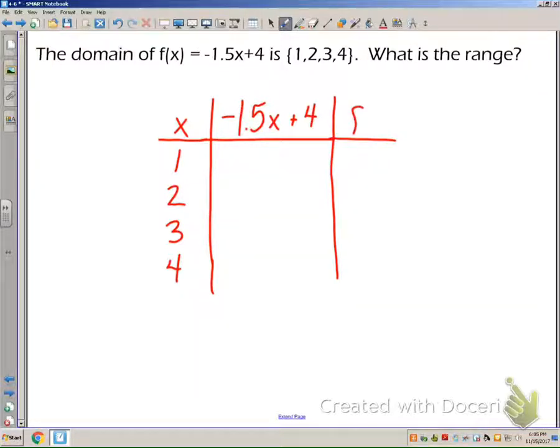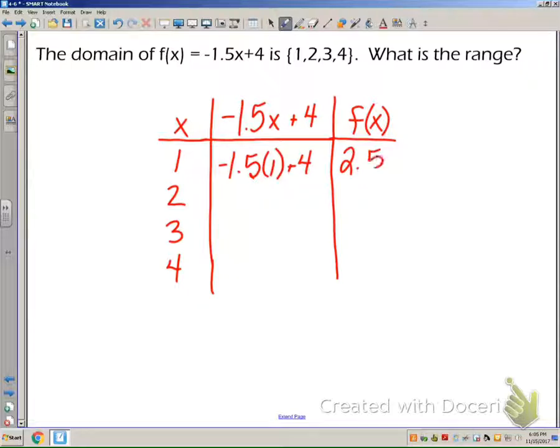What is f of x? What is the y value, basically? What is f of x? So if I plug in 1 in place of x, negative 1.5 times 1 plus 4. Well, negative 1.5 times 1 is negative 1.5. And then if I add 4 to that, I get, what would that be, 2.5?